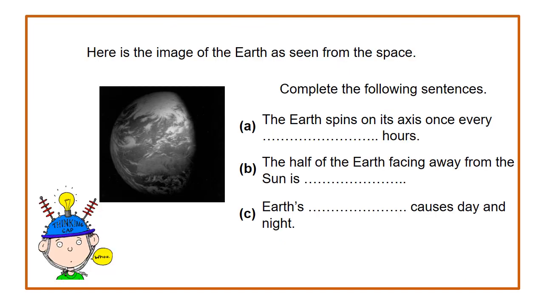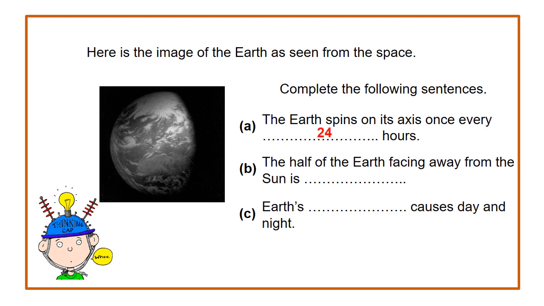Application. Now try to answer the following questions. You may pause the video for a while to give you time for answering. Here is the image of the Earth as seen from space. Complete the following sentences. For letter A, the Earth spins on its axis once every blank hours. What do you think is the answer?